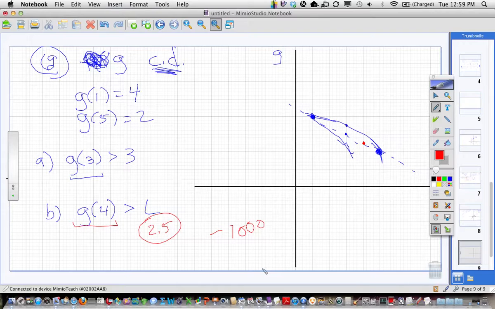Well, actually, it couldn't be 2.5, but it's got to be greater than 2.5. So any number below 2.5 would work for L. But it just said find a number L. So you could put 0, could put negative 10, whatever. As long as it's 2.5 or less. Okay? So there you go. So that's kind of your first introduction to that kind of language and a question being asked that way.